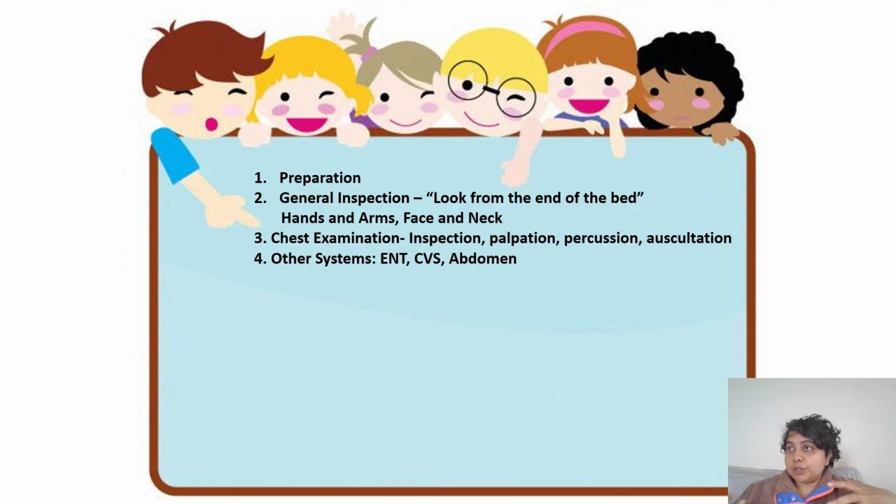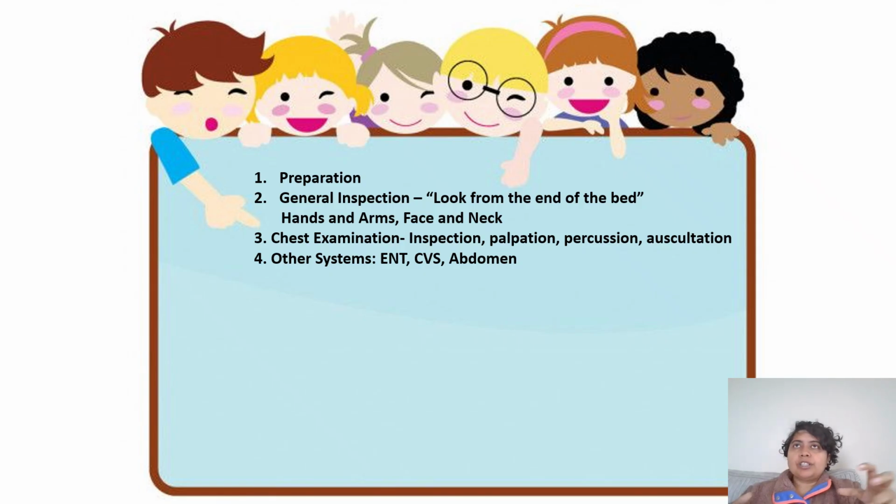If it's viral, you wouldn't, but if you are highly suspicious of a bacterial infection and the child looks really unwell, you would think of starting antibiotics, which could be oral or IV, depending on whether the child is well enough to take them orally and is not very sick. If they are not able to tolerate orally or they are very sick, then you would think of doing IV.